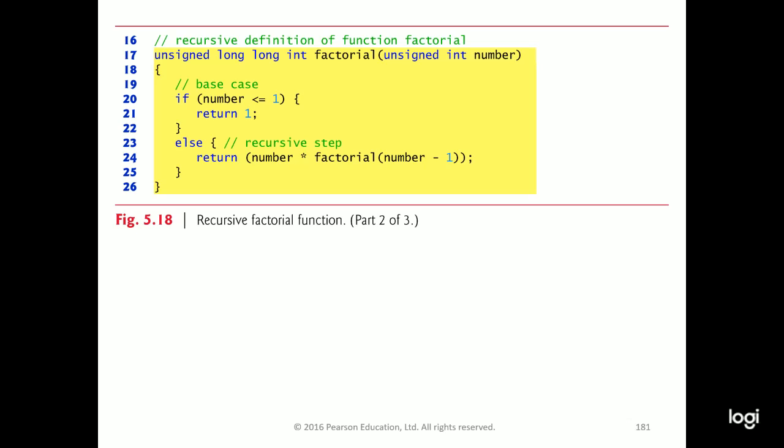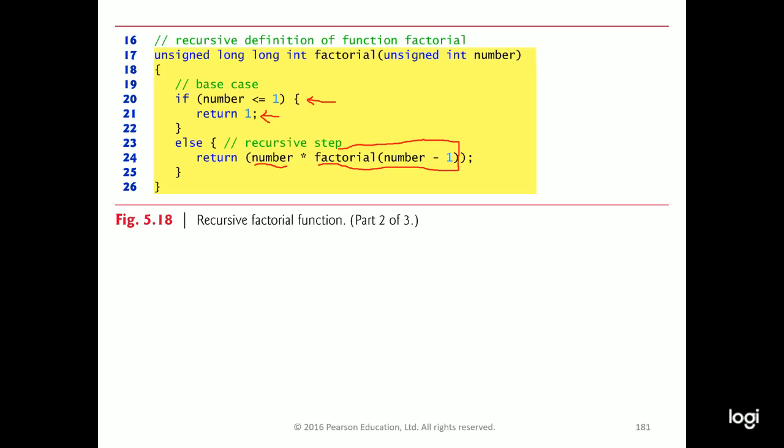Just as we said, if its argument is less than or equal to 1, it will return 1. Otherwise, it will go into recursion. It will take its argument and multiply it with whatever the recursive call to this function returns.